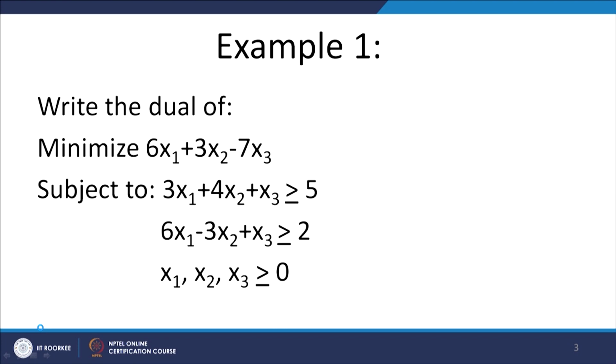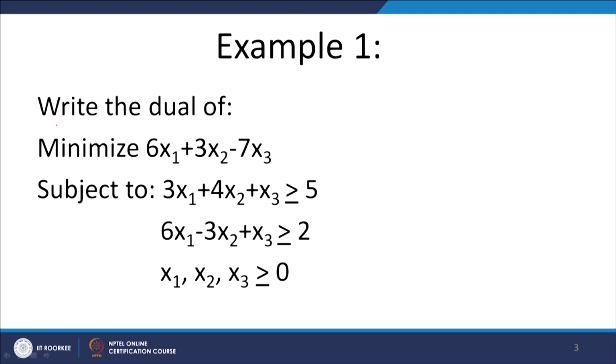Now, in this example, we have the primal of the type minimization with greater than or equal to constraints, and you recall that the number of the dual variables is equal to the number of the constraints of the primal.